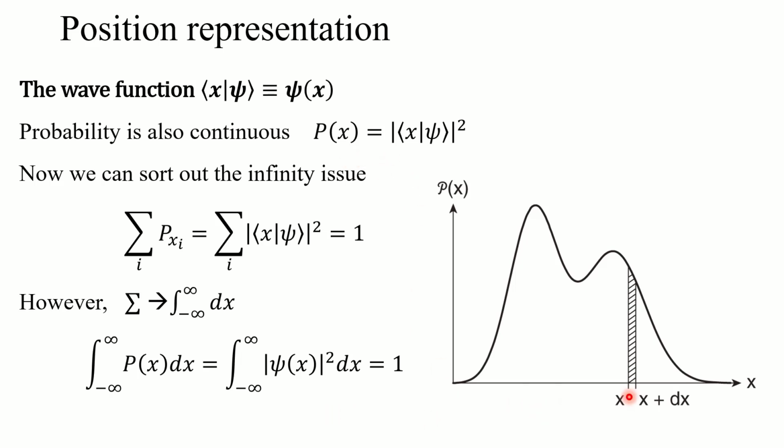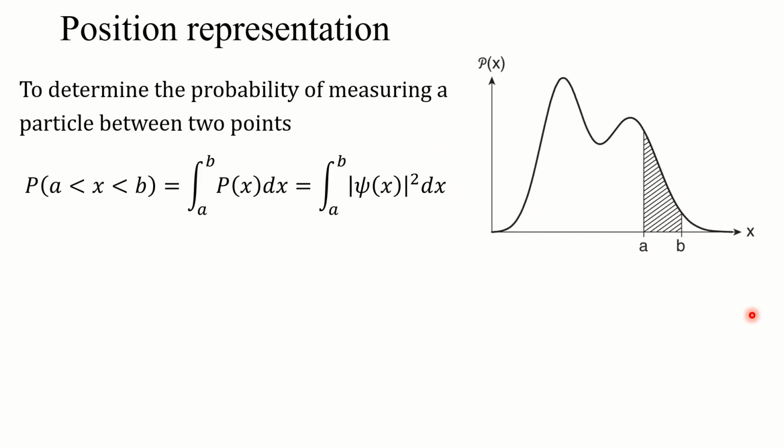This is the probability of measuring that particle in some infinitesimal distance between x and x plus dx, or essentially the area under the curve of this probability amplitude squared, right? So this means that if we want to determine the probability of measuring a particle between two locations, say between point A and point B, what's the probability we find the particle in that range?